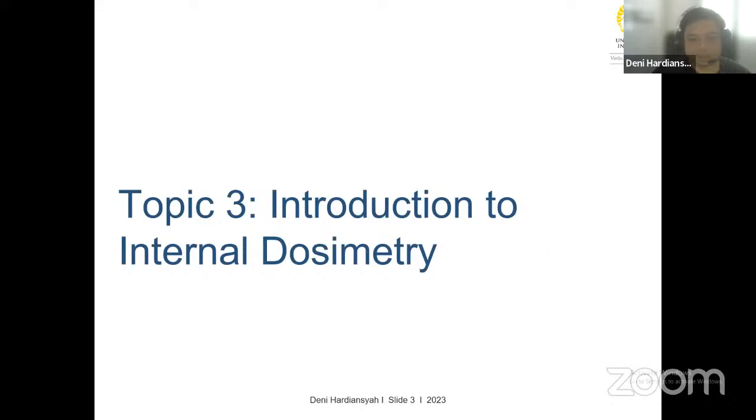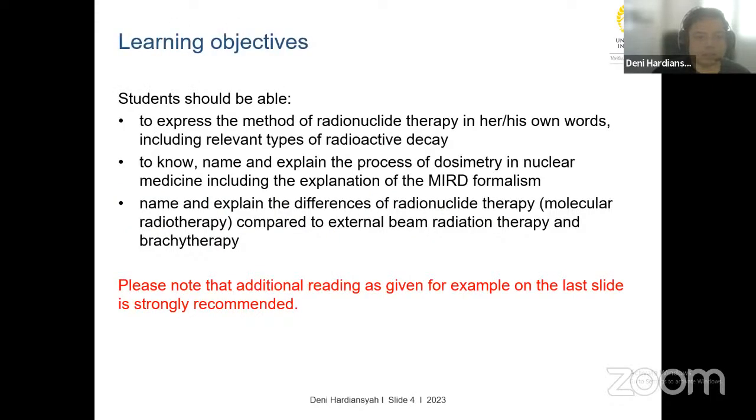So this is our topic today, and this is the learning objective. We hope that after this learning process, you should be able to first express the method of radionuclide therapy in your own words, including relevant types of radioactive decay.